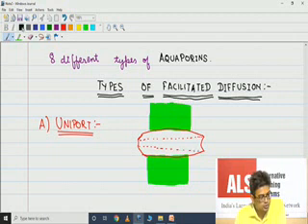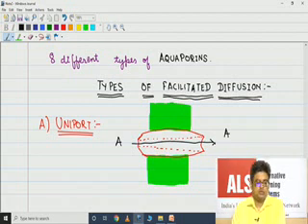Now it is going to allow substance A through this. This is called uniport.